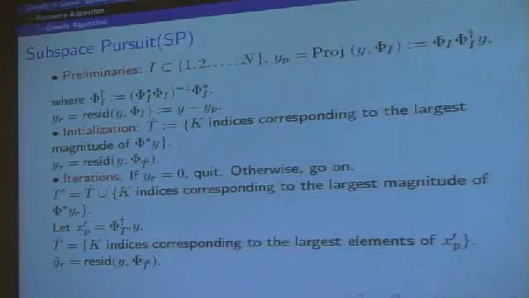And this union gives us T prime. And we make a projection onto this phi T prime dagger. Okay? We check the coefficients of the projection, and we pick the biggest k of them. And then we do a new projection on this T tilde, and we find the new residue, yr tilde.